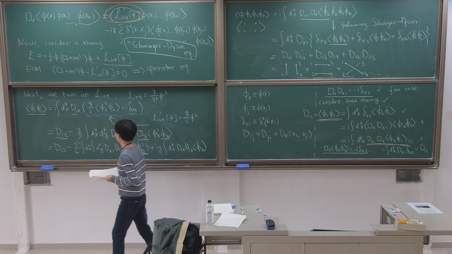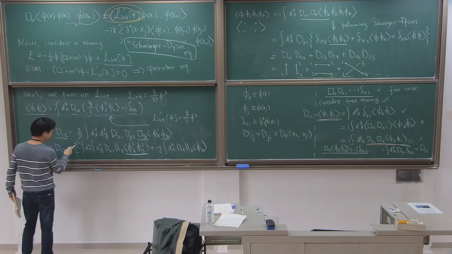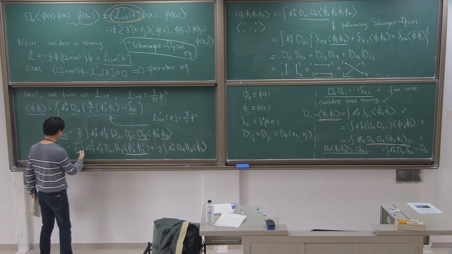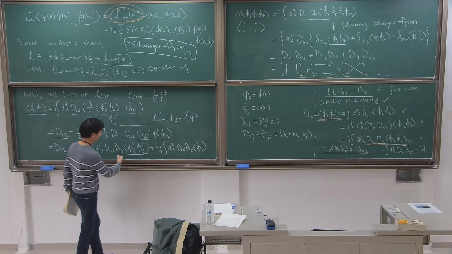Now up to this term, since I get a g squared, I will use some approximation instead of trying to get an exact result for the interacting theory. It's very complicated. But the trick we can do is, after you get some terms, I can do some approximation.